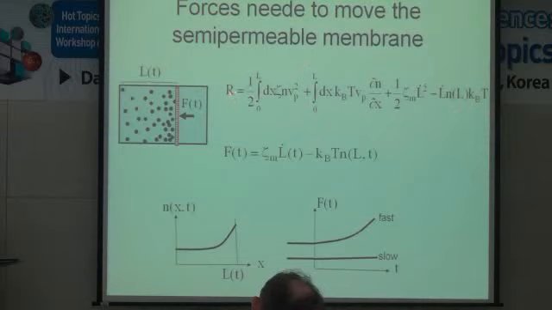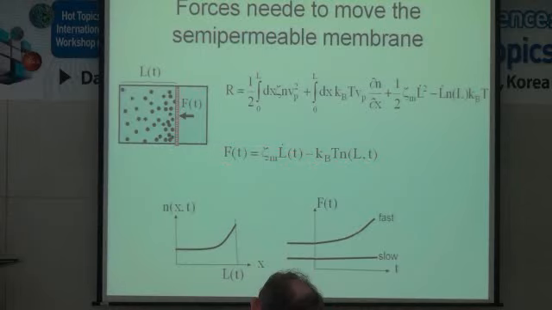And then just by differentiating this Rayleighian with respect to L dot, I have an equation for the force needed to change the position of the membranes, and that of course consists of theta m, where I am assuming the membrane's intrinsic friction constant, times L dot, plus this second term, which stands for the osmotic pressure.